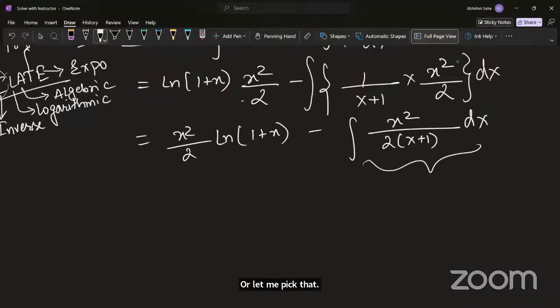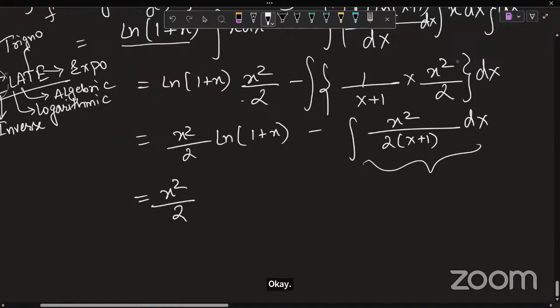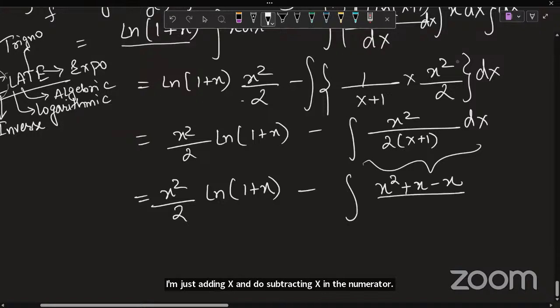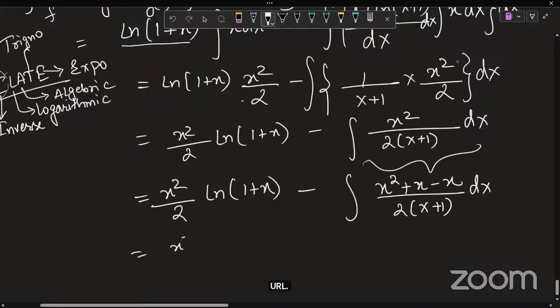Okay, so it will come out to be x square by 2 ln 1 plus x minus. So how to substitute this one? I'm just adding x and subtracting x in the numerator. It will be x square into 2 ln 1 plus x.